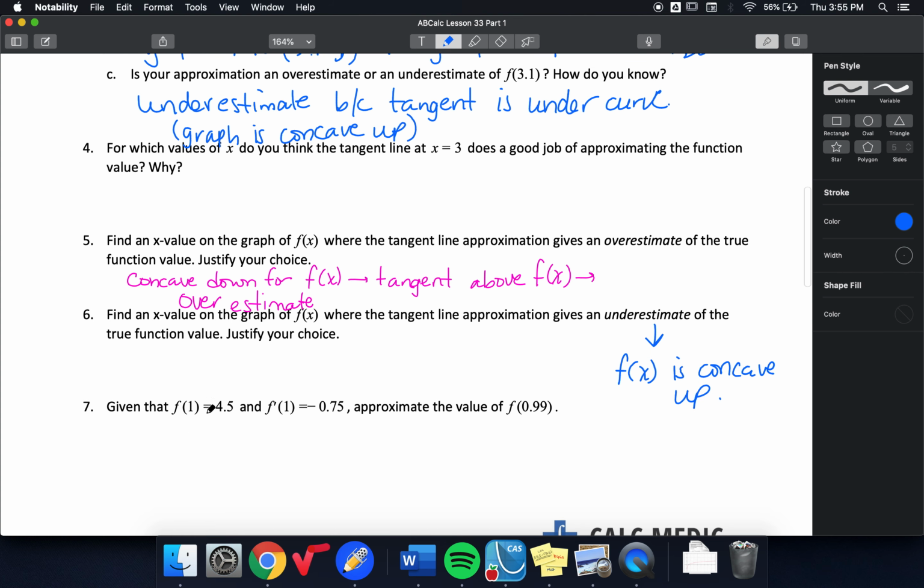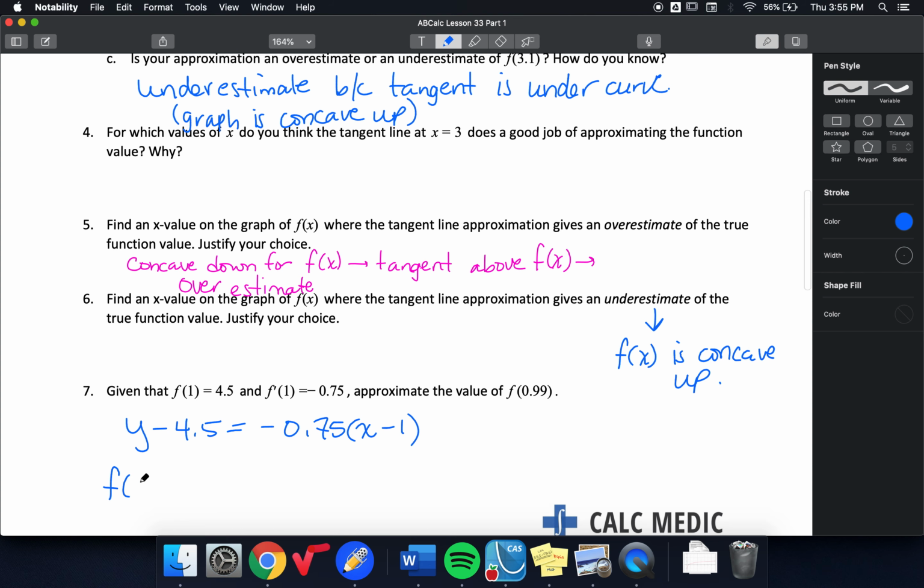All right, f of 1 is 4.5. F prime of 1 is negative 0.75. Approximate the value at 0.99. Well, I know that my tangent line at 1 is going to be y minus 4.5 equals negative 0.75 times x minus 1.